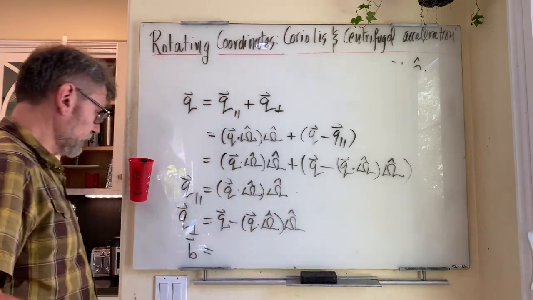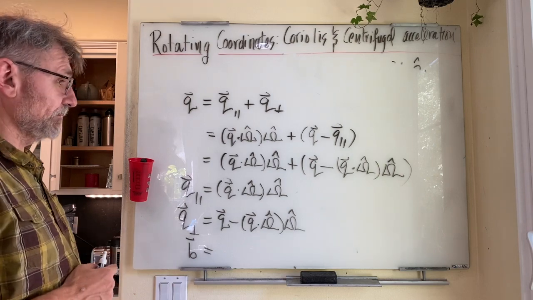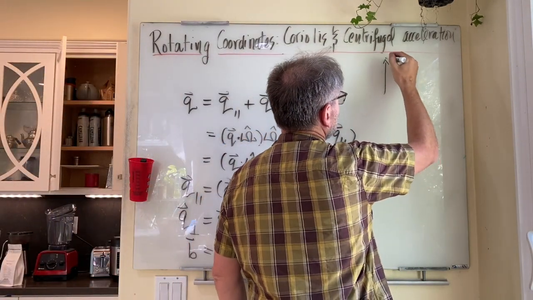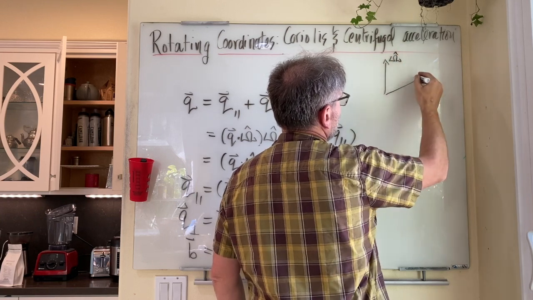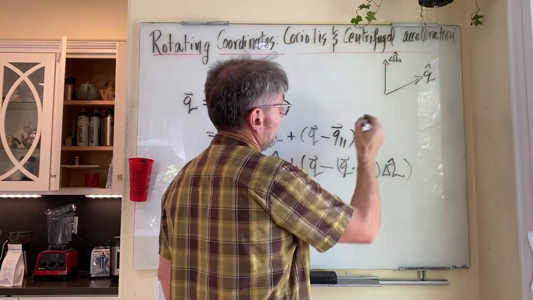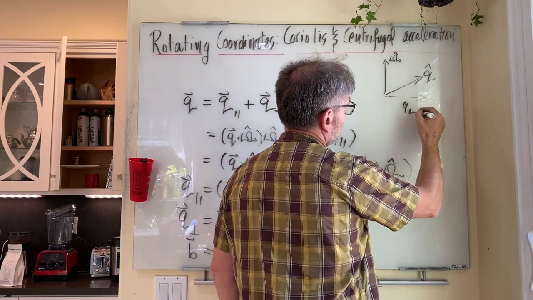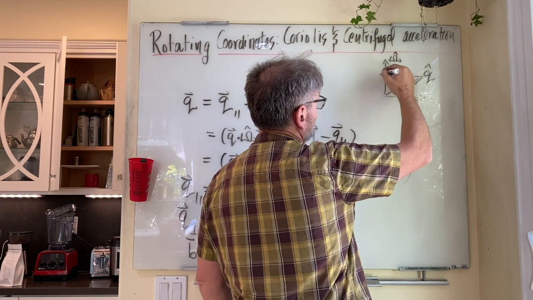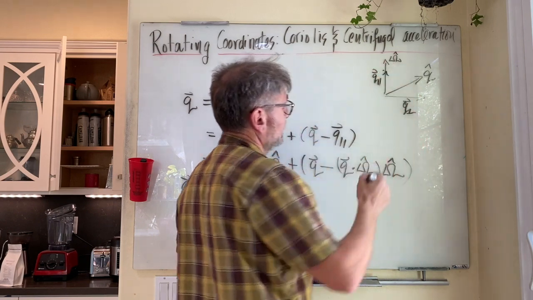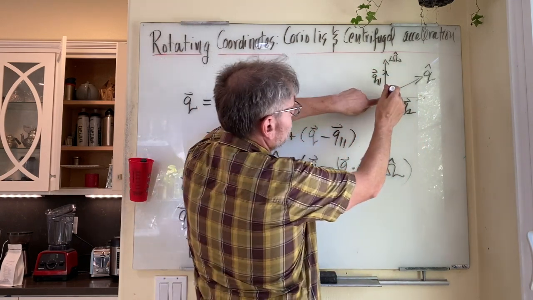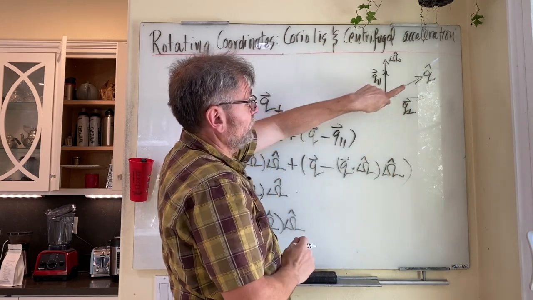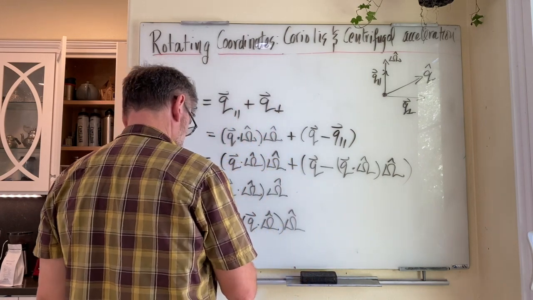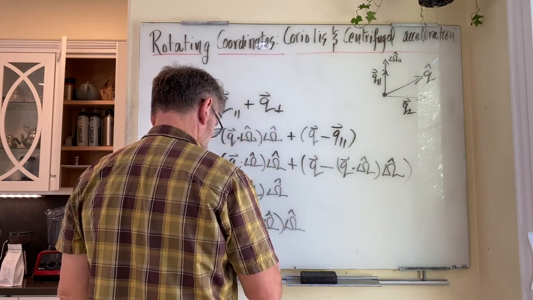If this is omega hat, and this is the vector q, I have q perp in this direction, q parallel in this direction, and then b is going to be into the board. So it's going to be given by omega hat cross q.